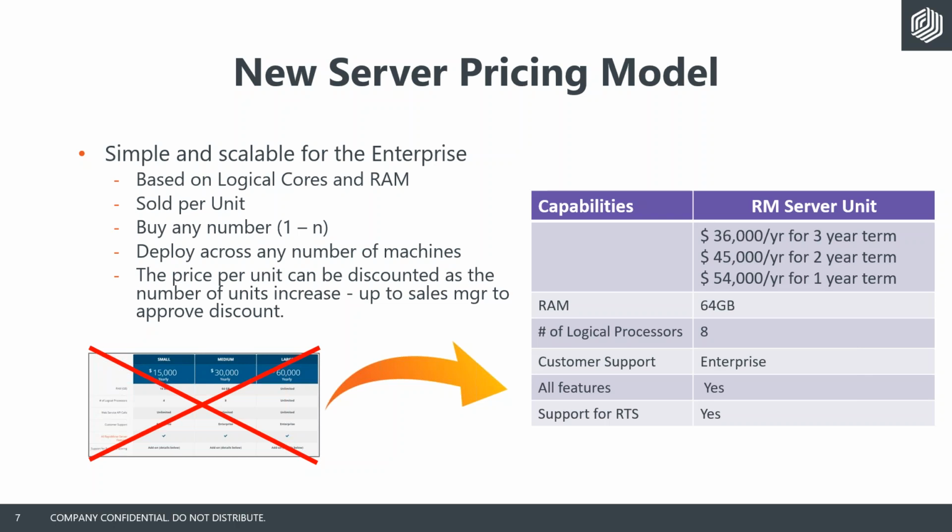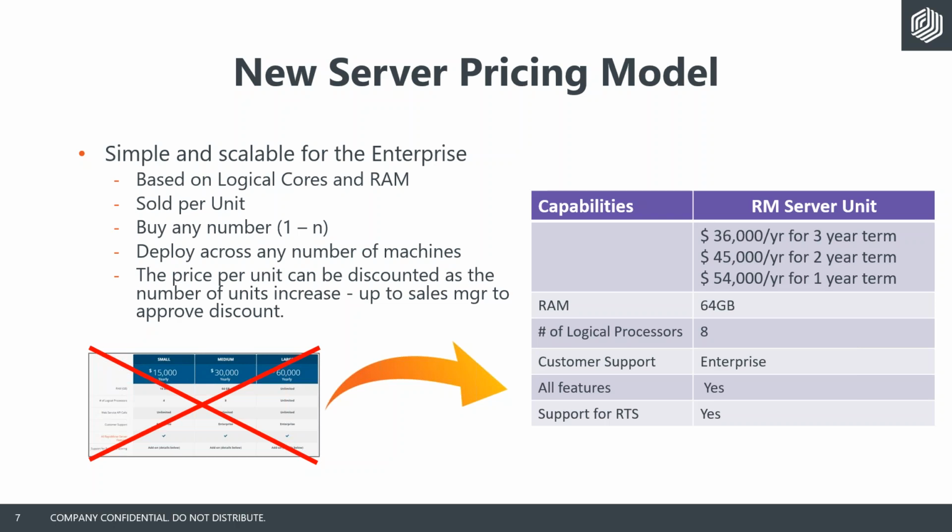But this is just a virtual definition of what a unit is. What it means is really that you have the right to run RapidMiner servers on 64 gigabytes and 8 cores. And you can deploy those gigabytes and those cores across any number of machines.